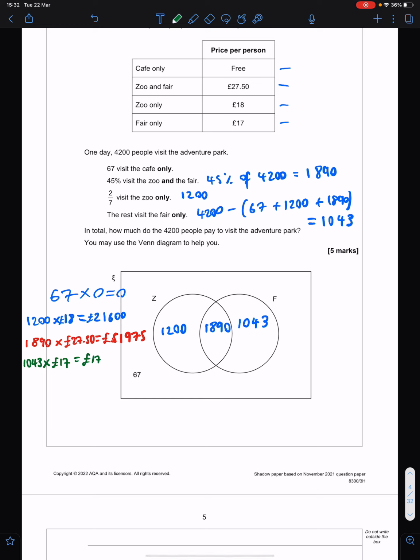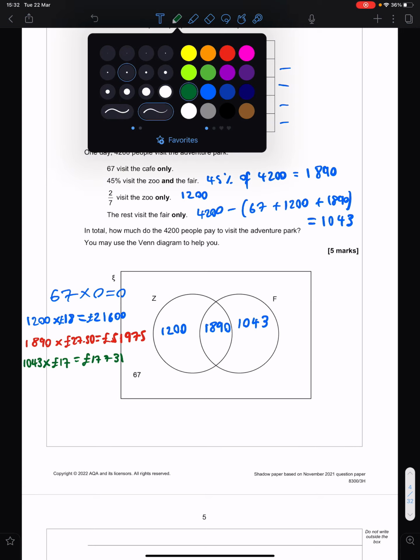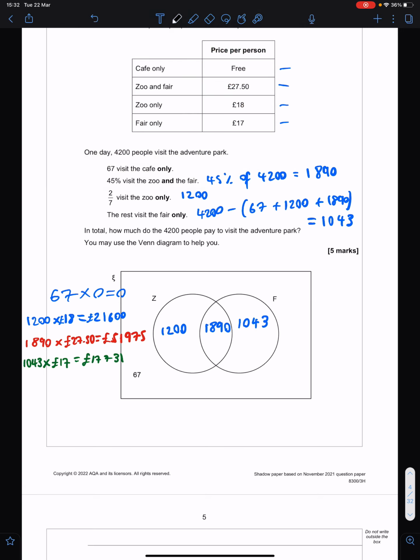Now what we need to do is add up all of those prices, of course. So let's use black. We've obviously got the 0. Don't leave out the 0. Plus £21,600 plus £51,975 plus £17,731.